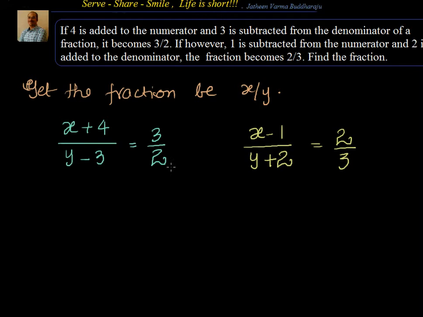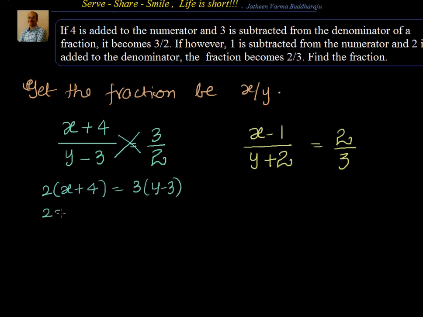Now we have two equations. We can do cross multiplication and then solve them. If I do cross multiplication, I will get 2 into x plus 4 equal to 3 into y minus 3.